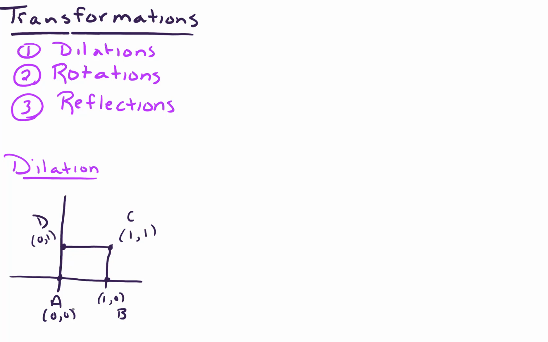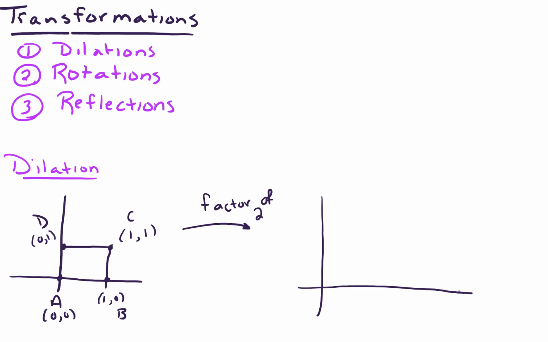If we apply a dilation by a factor of 2, that means that we're going to have our unit square scaled by a factor of 2. And so each vertex here could be thought of as the terminal point of a standard position vector, and it's basically multiplying each of those vectors by a factor of 2.